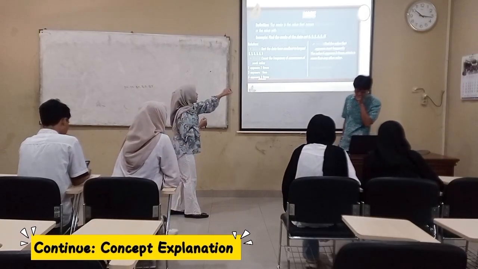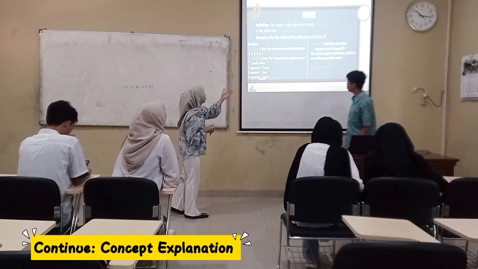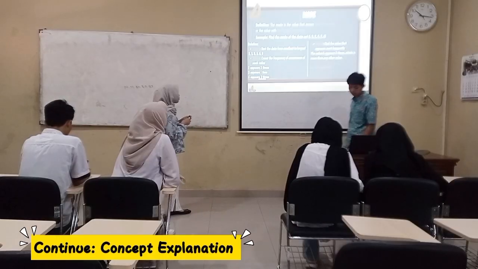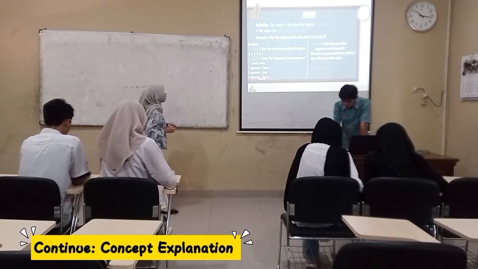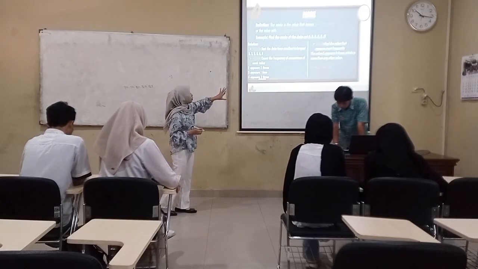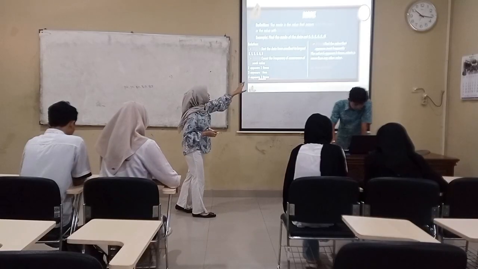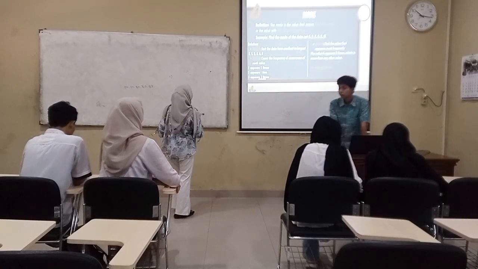find the mode of the data set 5, 3, 2, 5, 2, and 5. And the solution, step one, sort the data from smallest to largest. From this data, the smallest value is 2. Okay.